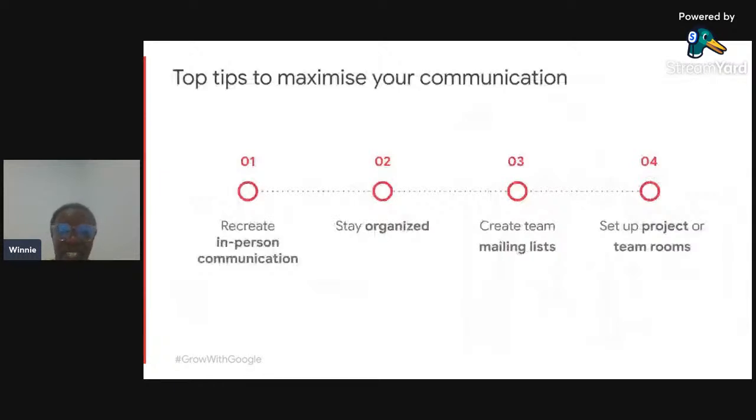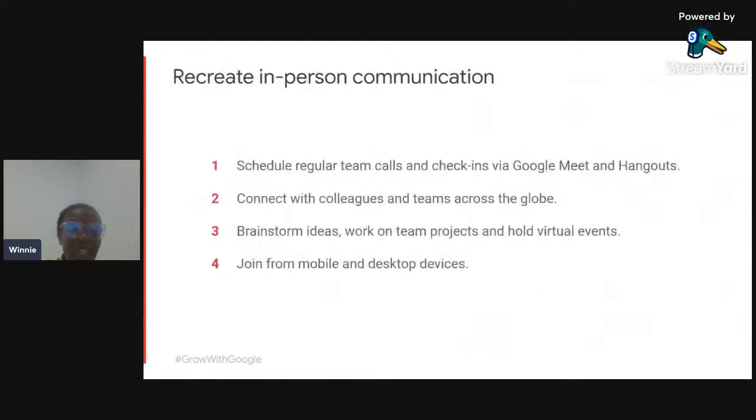On Google Currents, you can put your project there and people can brainstorm on it. That's how you maximize your communications by using Google Workspace. All right, and just to echo a little bit, for example, regular calls and check-ins on Google Meet.